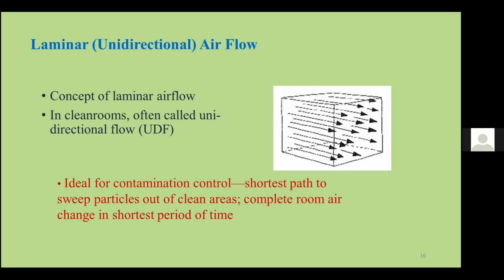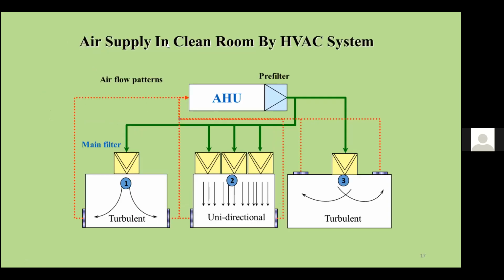So these are the block diagrams. From these block diagrams we can understand what types of airflow are helpful for making a clean room. Here AHU is one of the components of the HVAC system. AHU is an air handling unit, which controls humidity, temperature, and pressure inside the clean room.